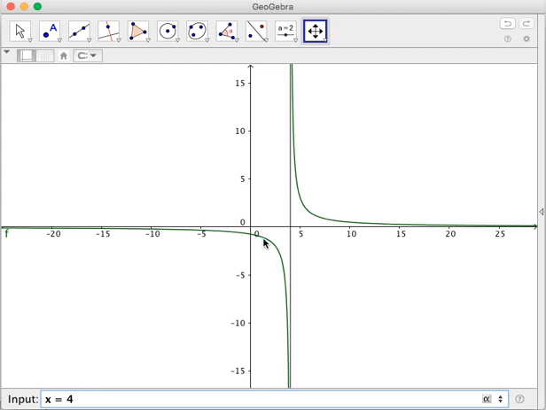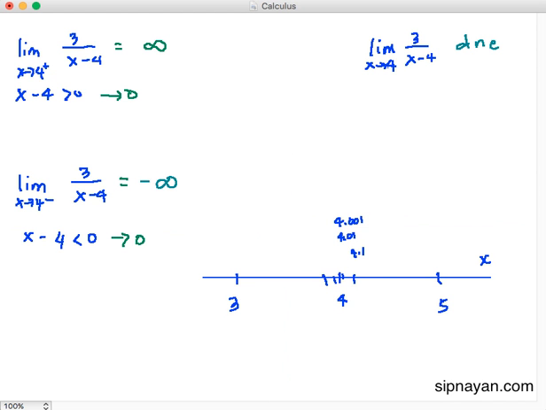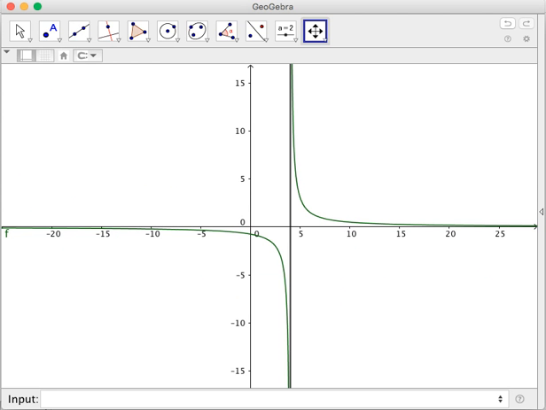And then this graph, as x approaches 4 from the left, it approaches negative infinity, di ba? Ito yung kanyang graphical interpretation. Habang palapit na palapit yung x mo sa 4, yung function natin approaches negative infinity. So, pababa na pababa yan.